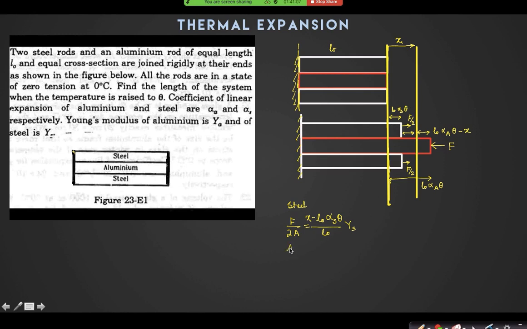And for the aluminium rod, can I say F by A is equal to L naught alpha aluminium theta minus X divided by L naught into Y aluminium.